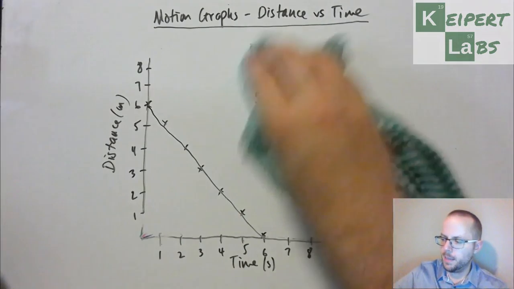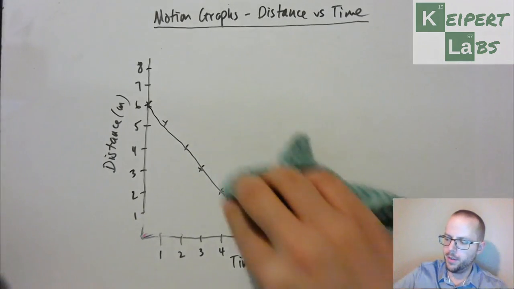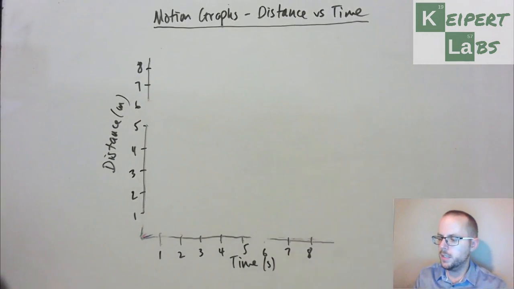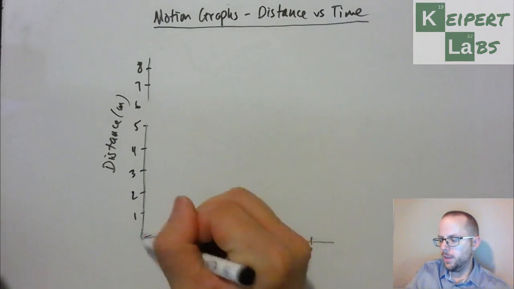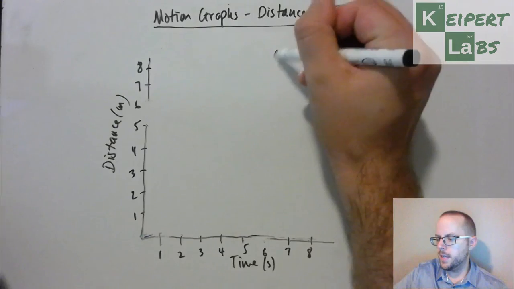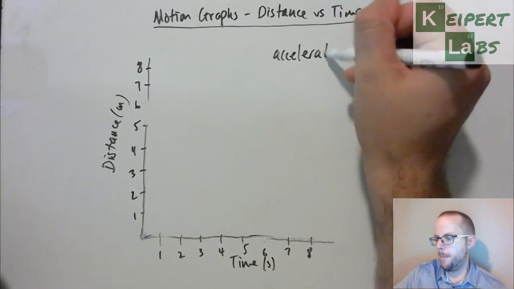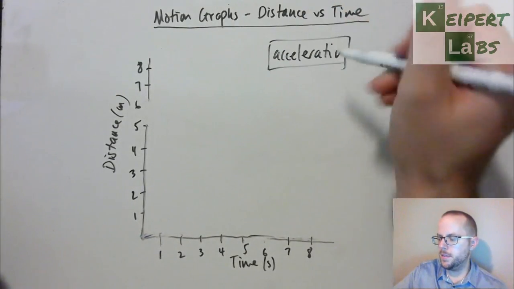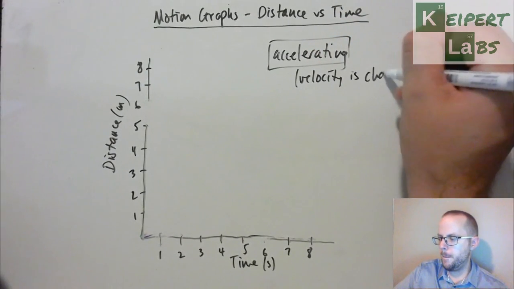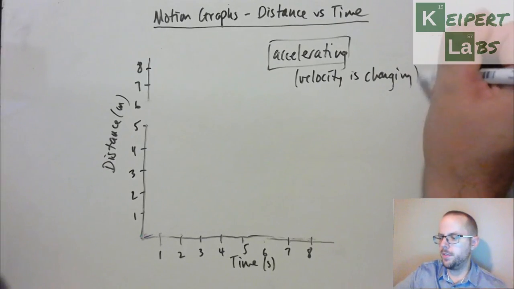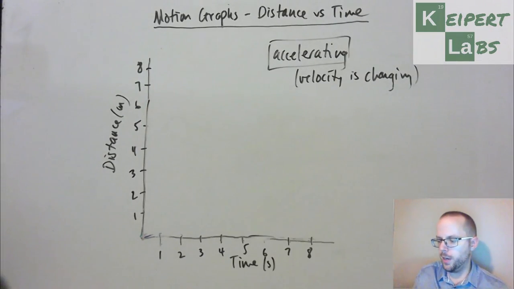Okay, so the last scenario that we're going to tackle is this idea of an object whose velocity is changing, that is, it's accelerating. That is, velocity is changing. Okay, so that's a key concept that we want to reinforce here.